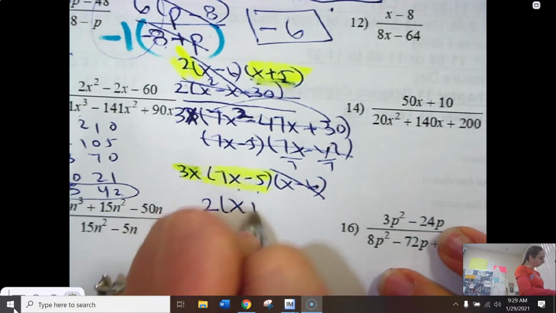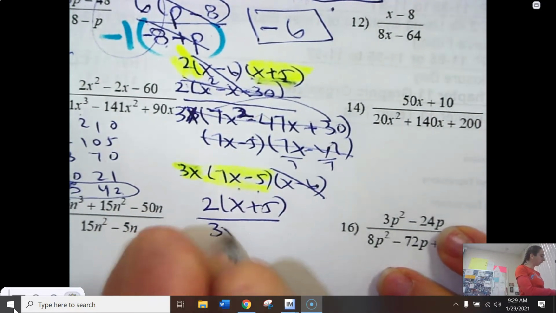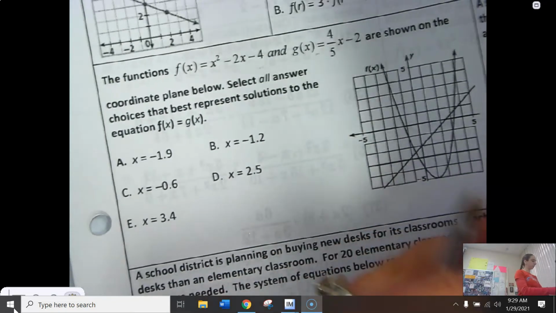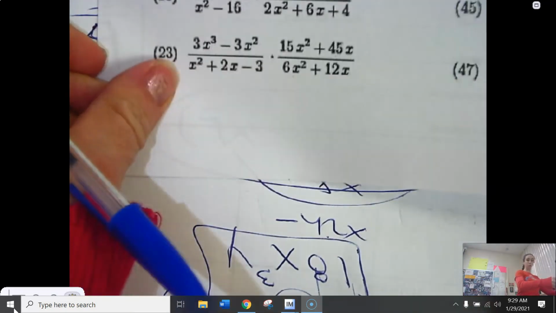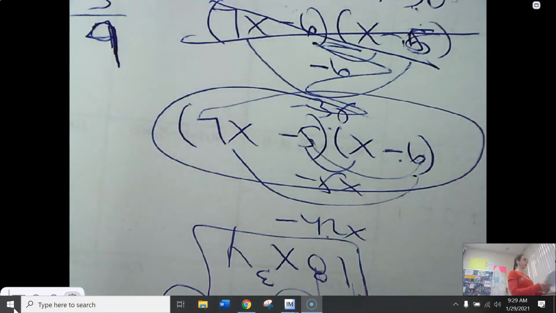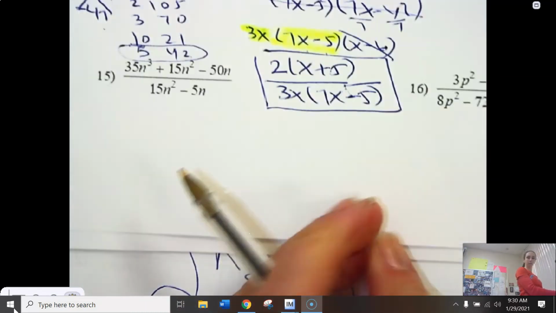And some of you go, Miss Rifkin, why are you doing that? That seems silly. I can see it. And I completely understand. But next section, you're going to be doing twice as much. So it's going to be a lot more difficult to keep track of things. So I thought, hey, might as well start the habit now of highlighting what's left.